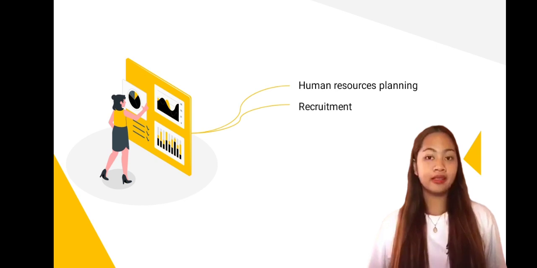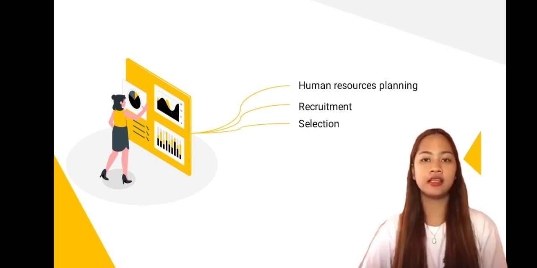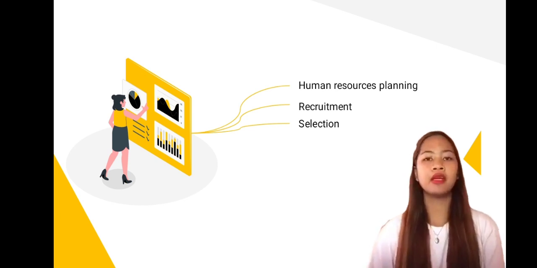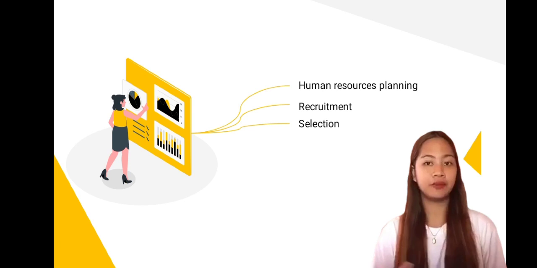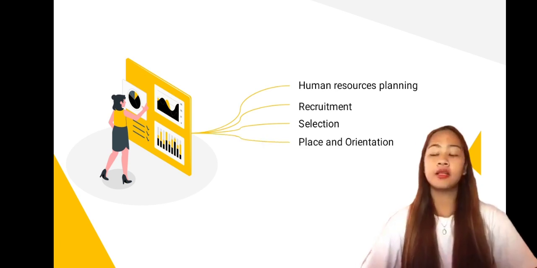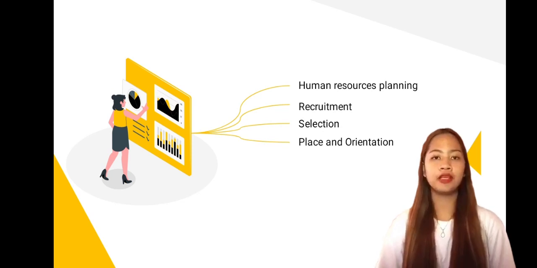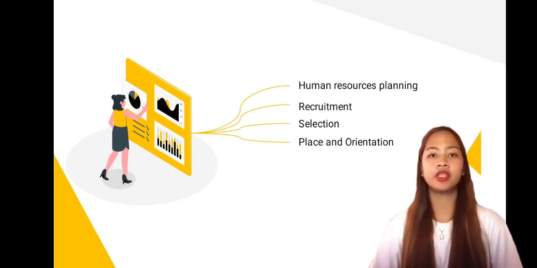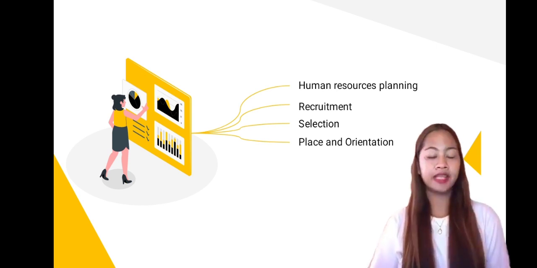Number 3, selection. Job analysis helps in selecting the right person by making the employer understand what is to be done on a job. Number 4, placement and orientation. It is useful in putting the newly selected person at the right place in the organization. Number 5, training.